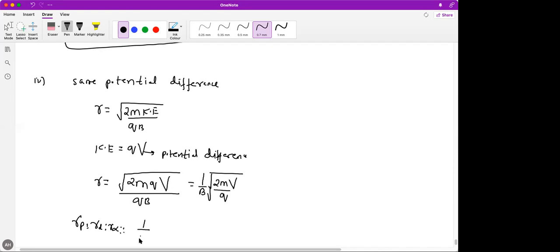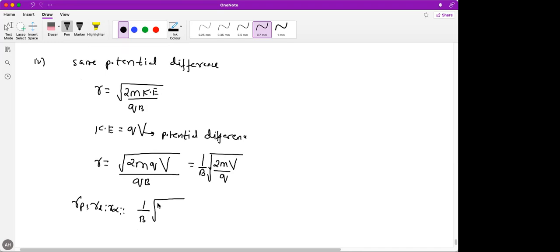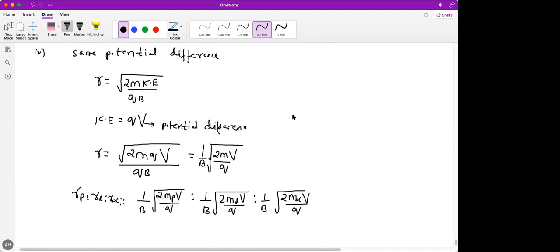So that's 1 by B root over twice of mass of proton into V by Q, 1 by B root over twice of mass of neutron into V by Q, 1 by B root over twice of mass of alpha particle into V by Q. Do it now.